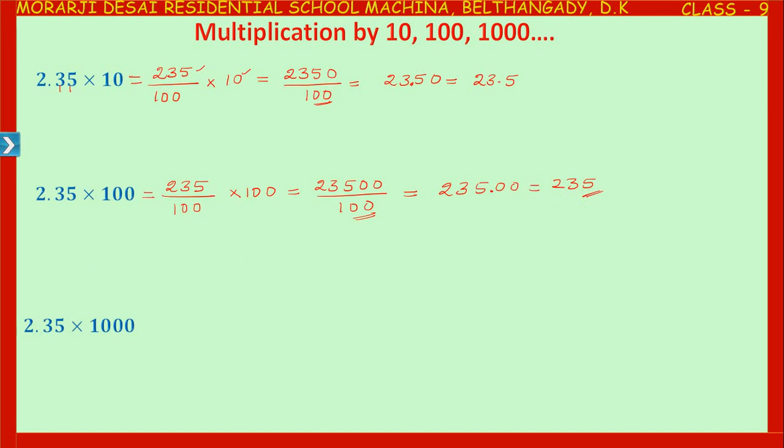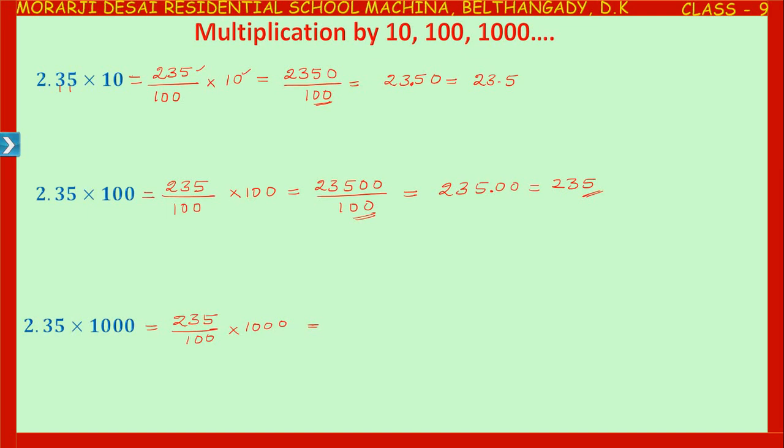Look at the next example. 2.35 into 1000. Now convert 2.35 into fraction. That is 235 by 100 into 1000. Now multiply 235 into 1000.